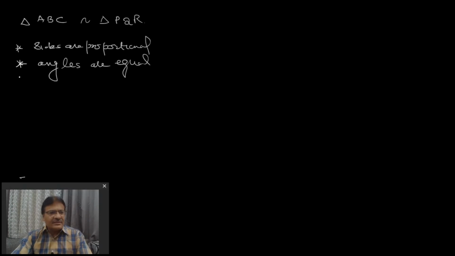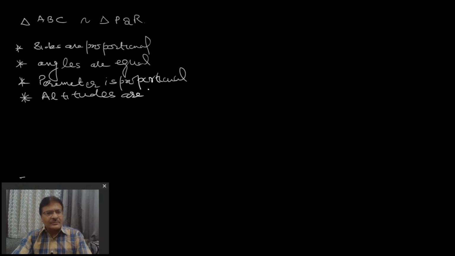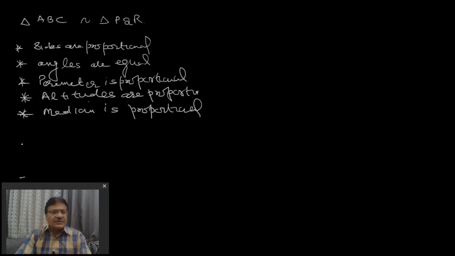The next thing is perimeter is proportional. Altitudes are proportional. The median is proportional.